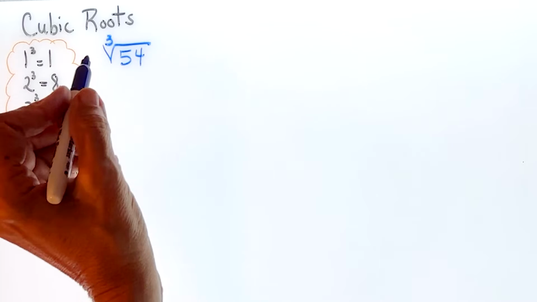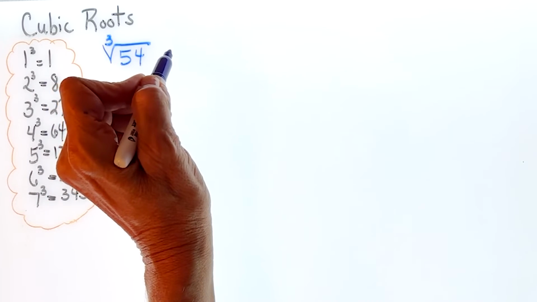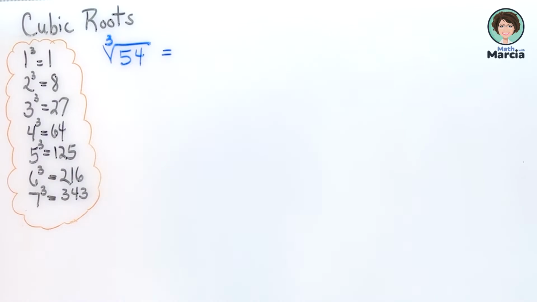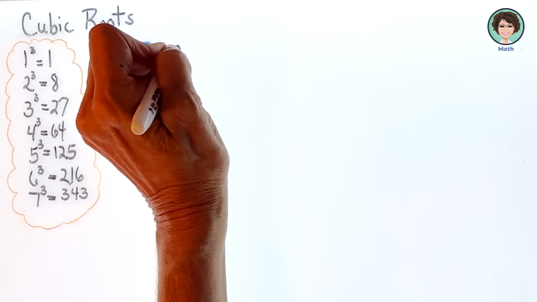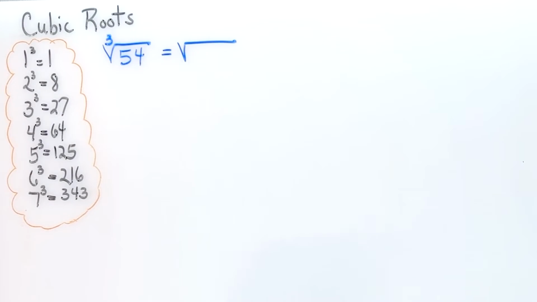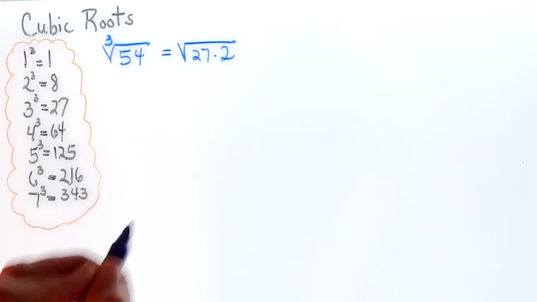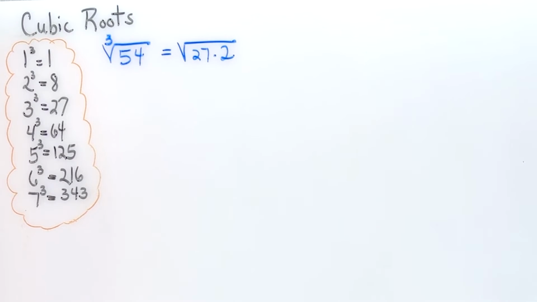So now remember that the index number of 3 tells me that I must have 3 identical factors before I can bring a number out of the cubic root that we have in front of us. So I know that, looking at those numbers, 27 times 2 is equal to 54.